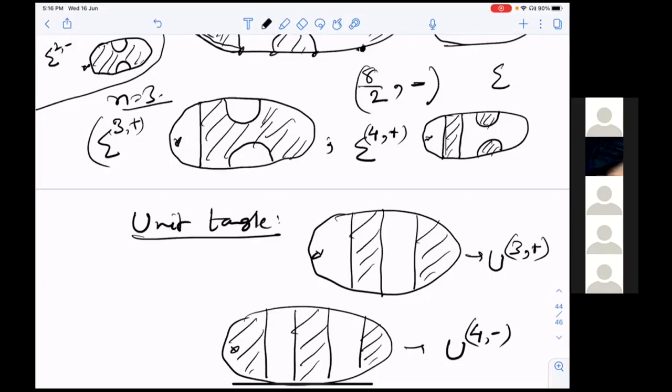Okay. But putting a vertical line at the end, these are called inclusion tangle. That will be very important. Putting a vertical through string at the left is different than putting it at the right.